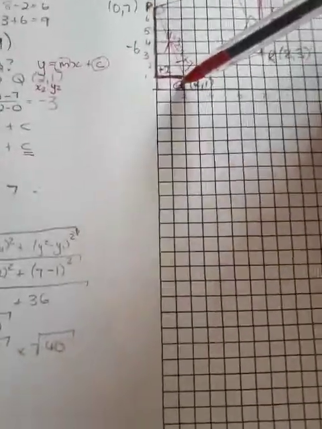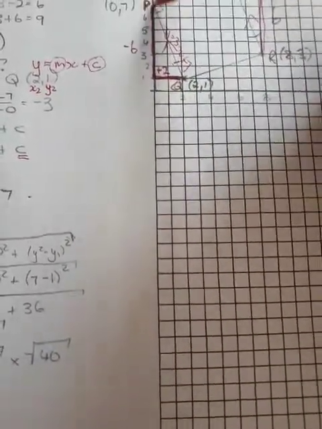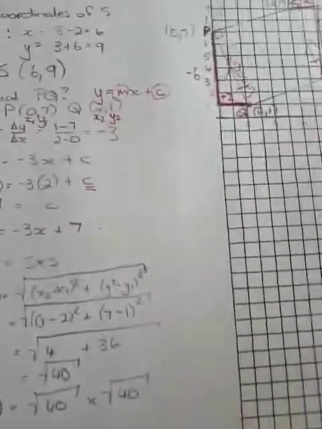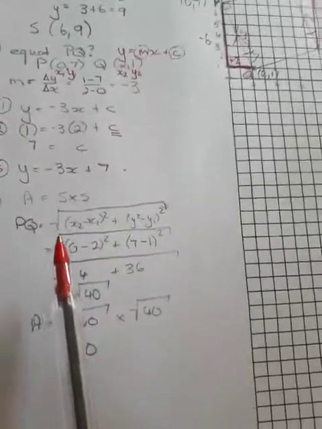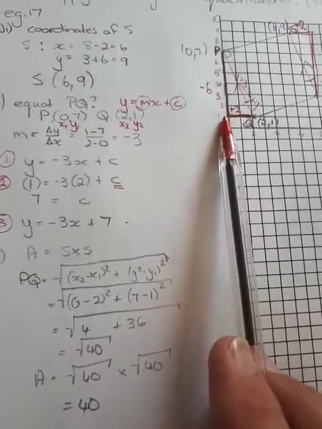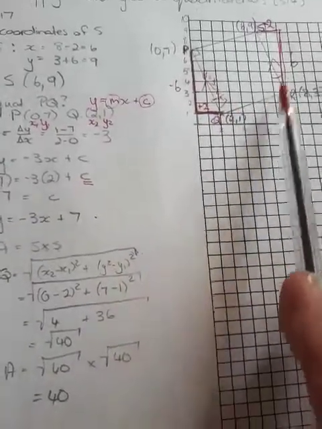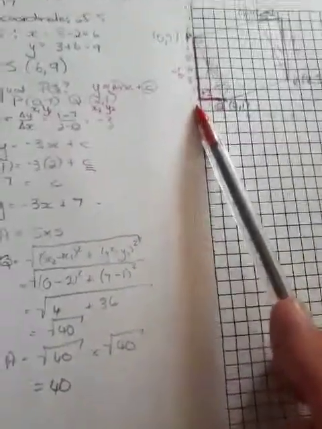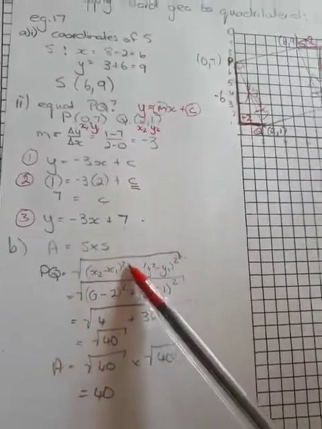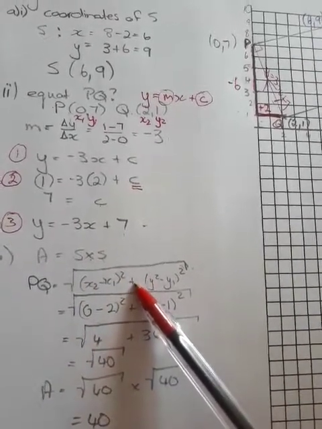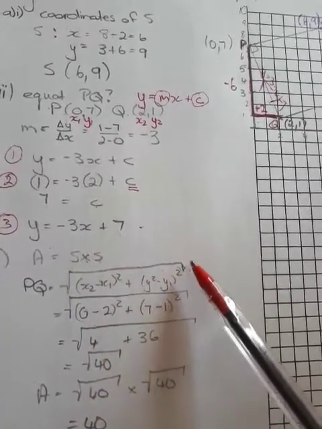We've got P, we've got Q, we've got the equation, but we don't have the side length. But we have a formula to calculate the side length, which comes from Pythagoras. Remember this formula? I'm going to work with PQ now. It does not matter. You can work with either one of these lines, but you must get the side length of one of the sides. It is the square root of x2 minus x1 squared plus y2 minus y1 squared.